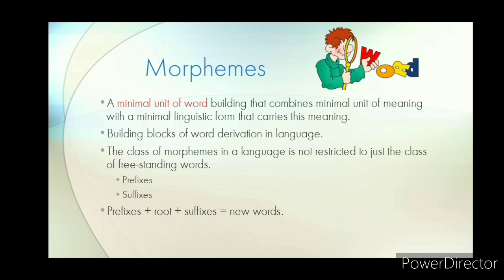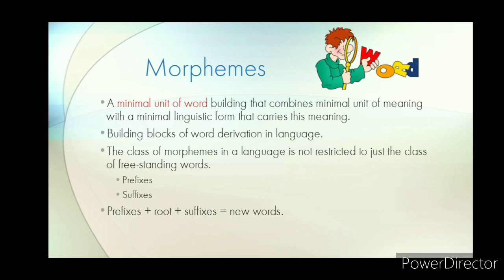So in short, morphemes are the smaller units in a word, and a word might consist of a combination of morphemes. Please note that not all morphemes have meanings. There are also morphemes that have no meanings.